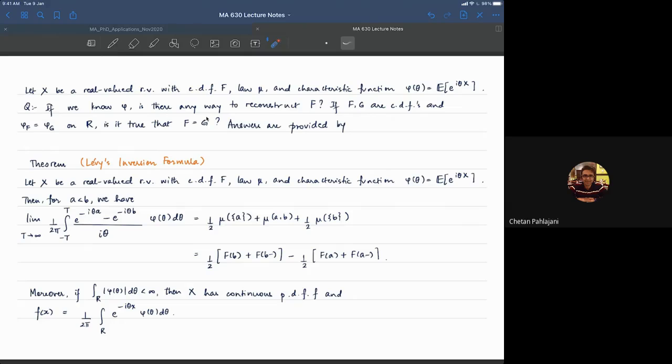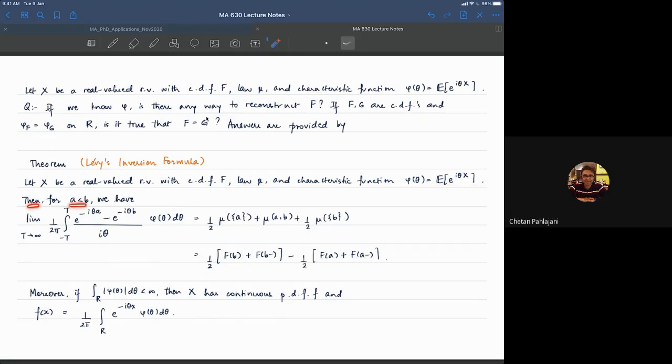So this thing I want to just briefly go over. This is a theorem. Unfortunately, we won't be able to go through the proof in its entirety. This is so-called Levy's inversion formula. It says, suppose x is a real valued random variable with CDF, capital F, law mu, and characteristic function phi theta equals expectation e to the I theta x.